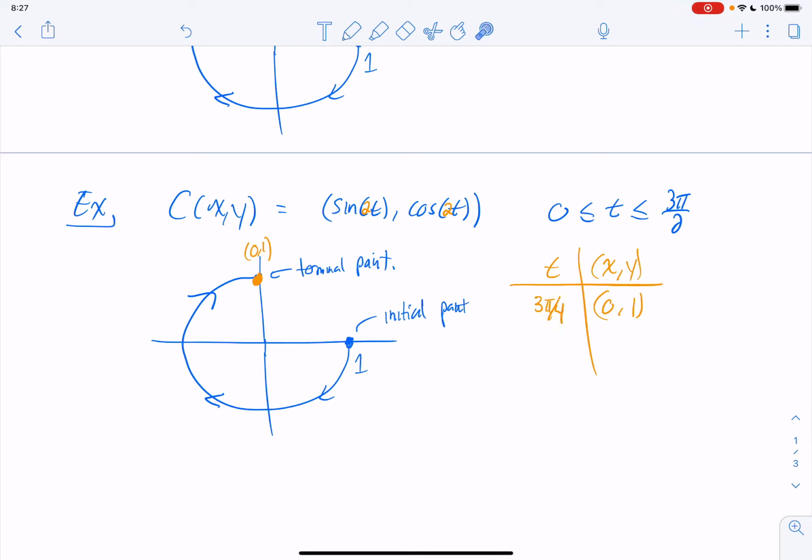You can verify, for example, if I take 3 pi over 4, I plug it in here, I'm going to get 3 pi over 2, and sine of 3 pi over 2 is, of course, a 1. So this is not occurring at the 3 pi over 4 direction. The parameter is not being graphed here. It's only the xy coordinates that we have here.